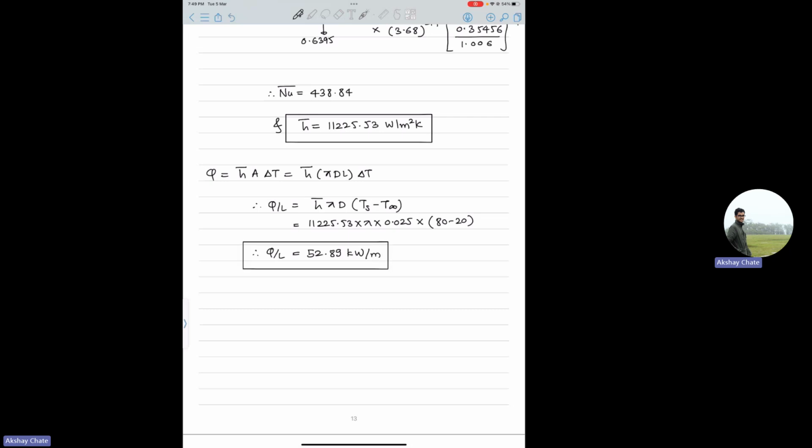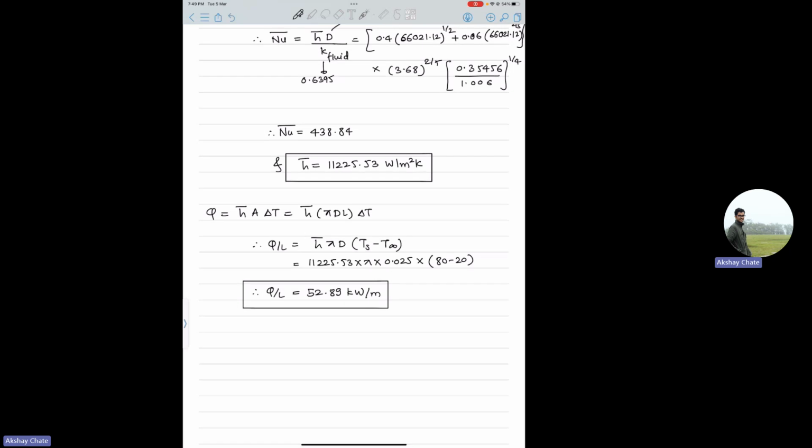Okay, so I hope the methodology is clear. As I mentioned many times, first calculate the Reynolds number or check whether the correlations are given. If correlations are given, then your life is easy. If correlations are given, directly use them and get the average heat transfer coefficient or local heat transfer coefficient, depending on the question.